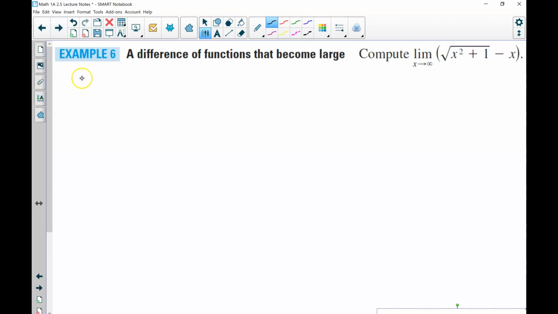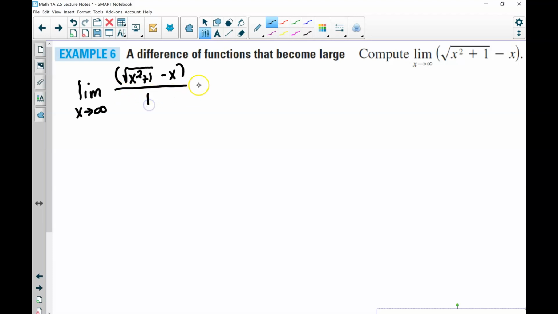Okay, so the first step here is we're going to write down the function again. So this is the limit as x approaches infinity of the function square root of x squared plus 1 minus x. Now I want to go ahead and write this over 1.